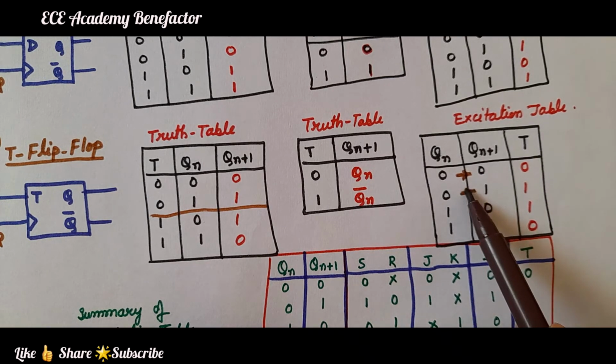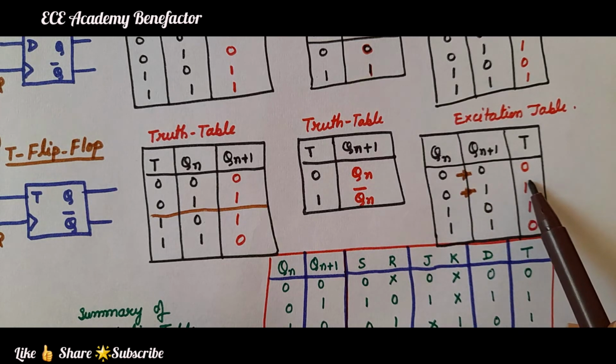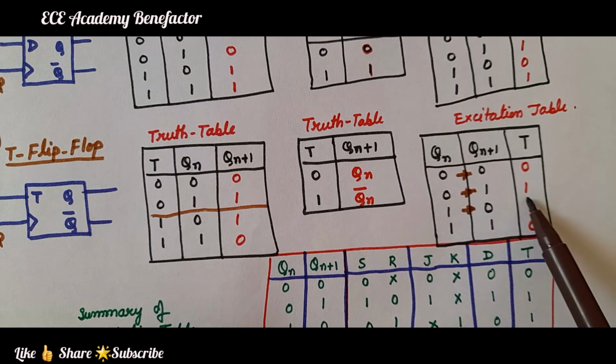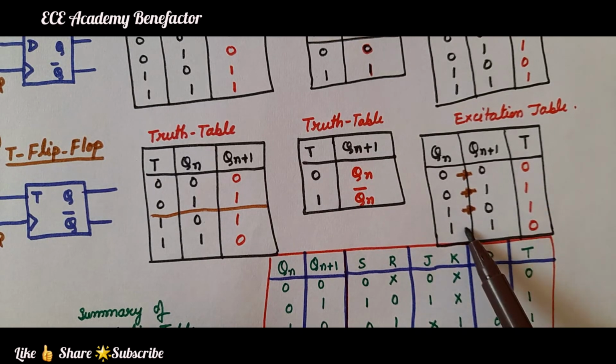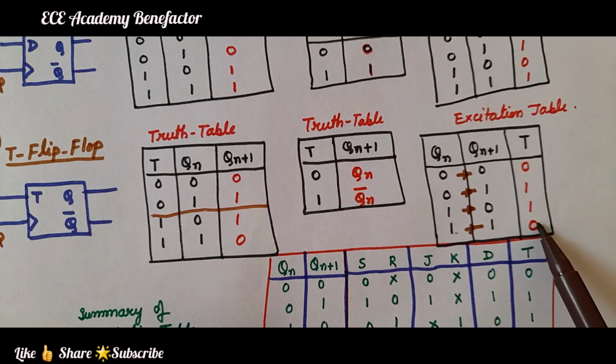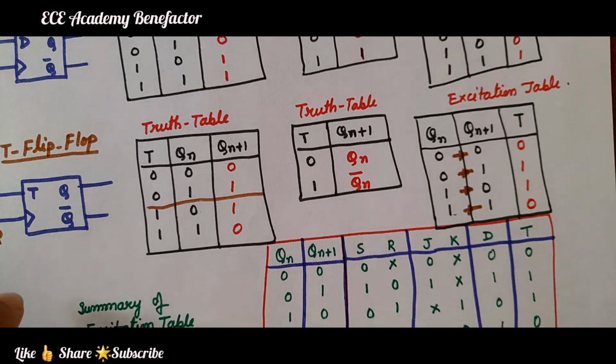From 0 to 1, when you are going, there is a change, so T value will become 1. 1 to 0, change, toggling, so T value is 1. For 1 1, there is no change. No change means T value is 0. This is the excitation table for the T flip-flop.